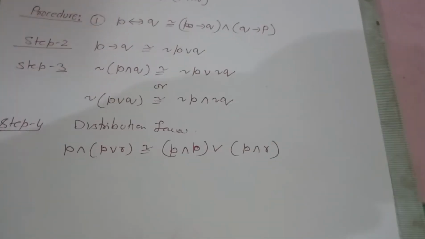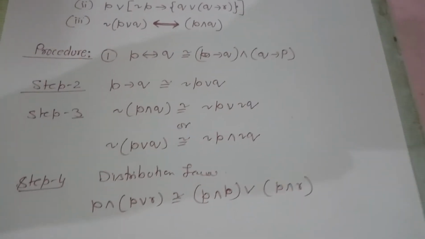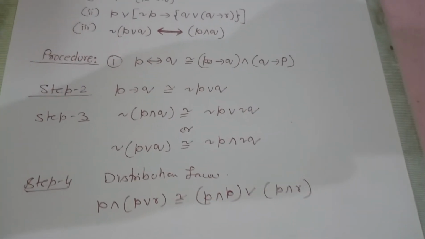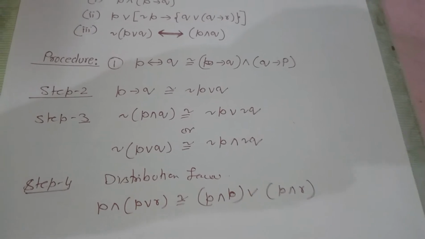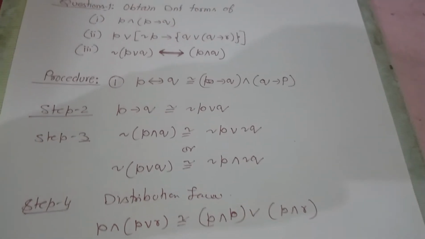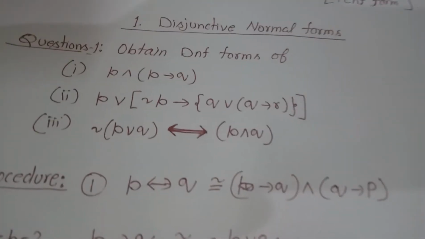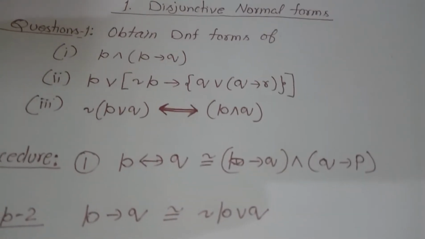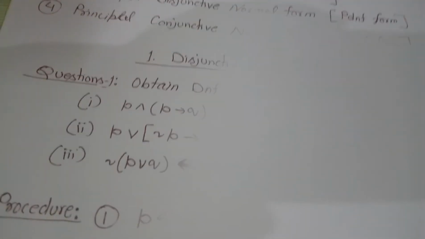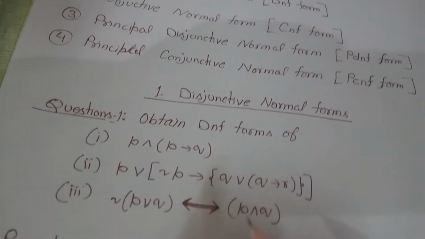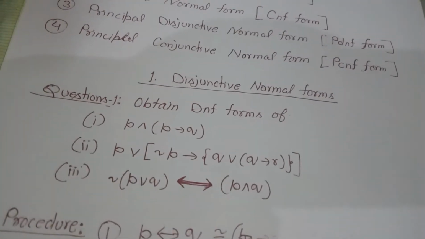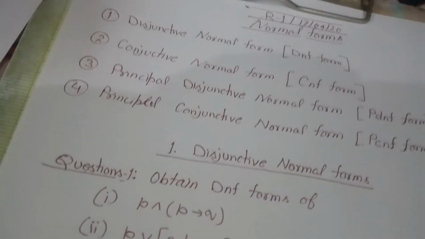So here are the steps to obtain a normal form from the given compound statements. In the same sequence, we will solve the first question to obtain its DNF.